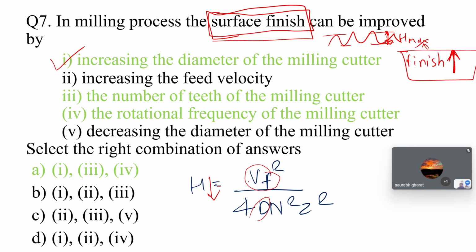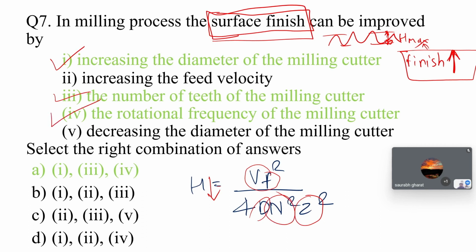The number of teeth of the milling cutter is again in the denominator, so increasing it improves finish. So this part is correct. The rotation frequency of the milling cutter: this is again correct.